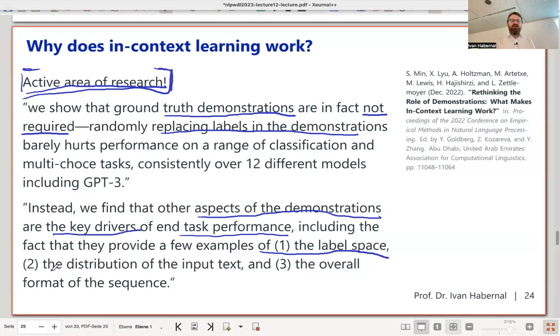Also the distribution of the input text. You show examples of the input text, not necessarily how to solve the task, but a couple of examples of how the text will look. And also, interestingly, the overall format of the sequence: how you type it in, whether it's one paragraph, two paragraphs, line breaks, semicolons, the actual formatting of the output plays a role.